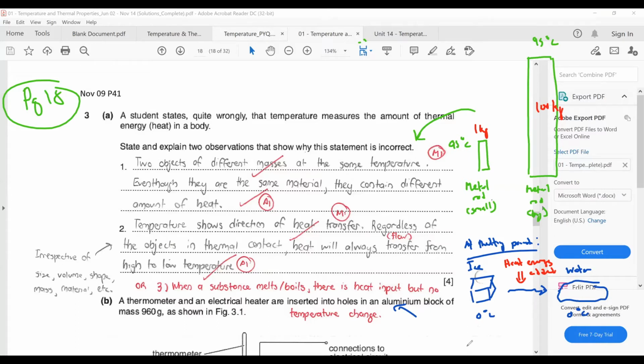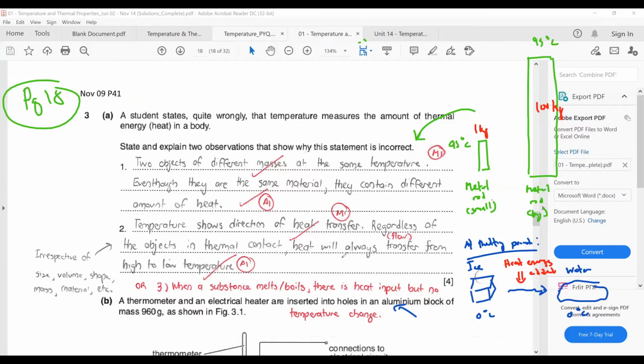So this also tells you that heat energy doesn't necessarily cause a change in temperature. The clear example would be when you try to melt something or boil something. In those cases, you have heat energy added, but it doesn't cause a change in temperature.